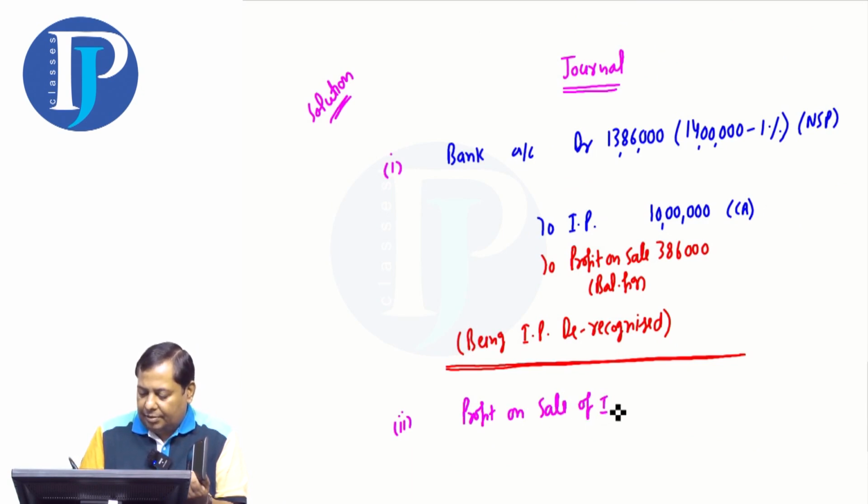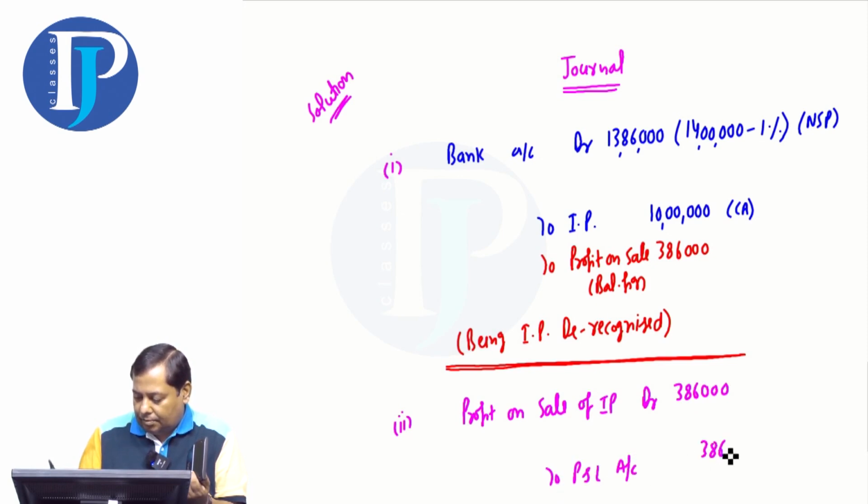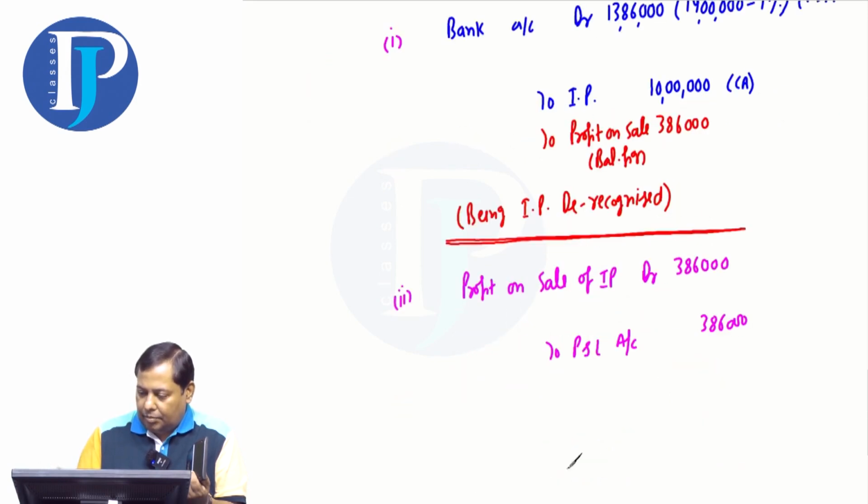Profit on sale of IP debit 3,86,000. To profit and loss. Being profit on sale transferred.